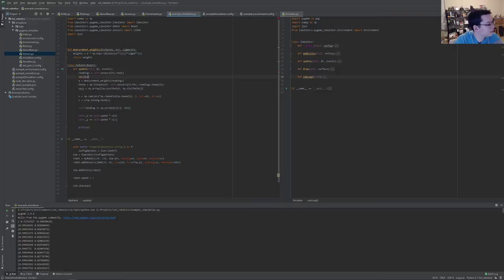Keep indices is anywhere where the readings are less than 300, but I want to give it some buffer, so I'll say 290.